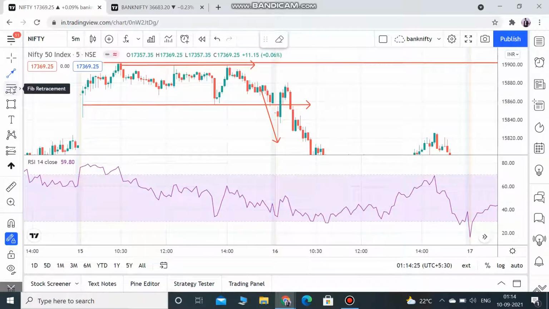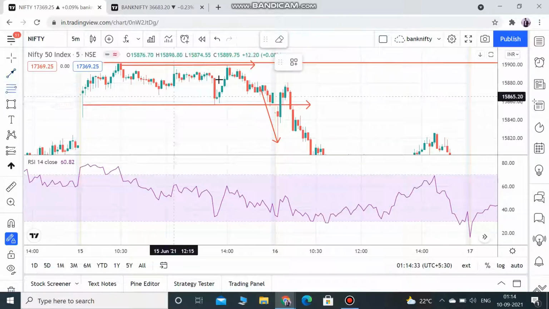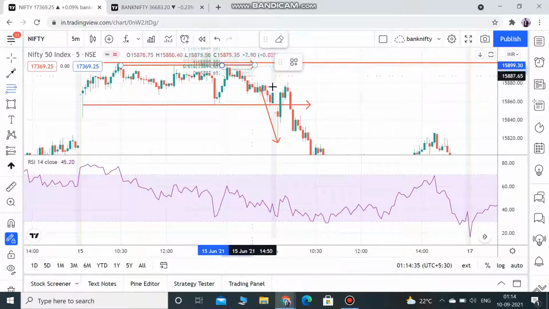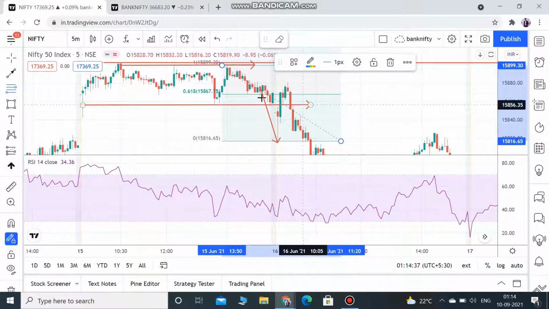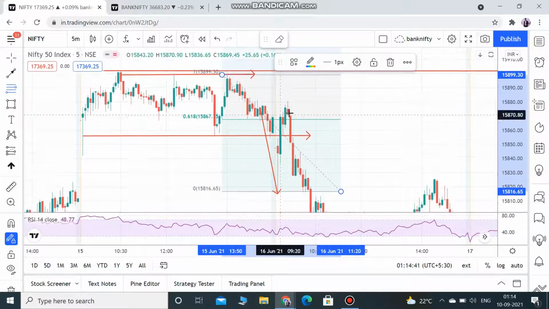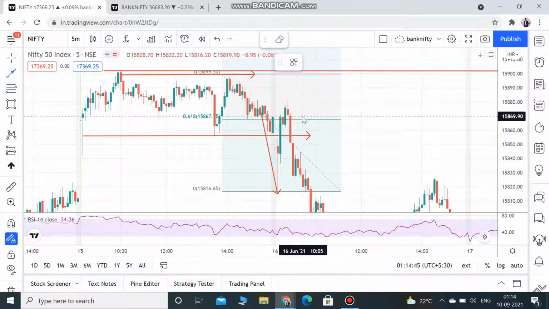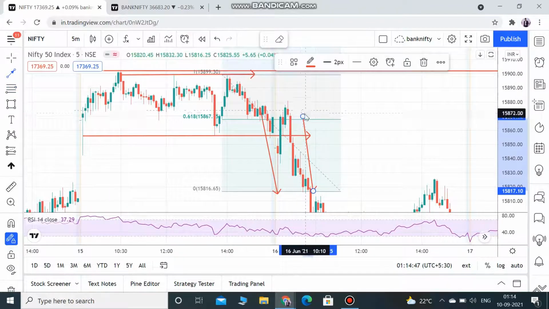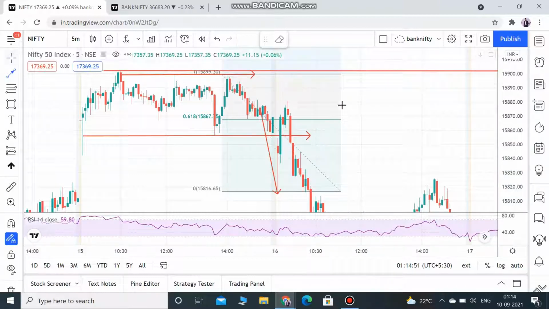People wouldn't want to buy or sell at the lowest price or highest price, right? They want some discounted price. So once you see that our Fibonacci 61 says this is the right time to sell, I want to go short from here. So you put your stop loss above this and get into the trade.